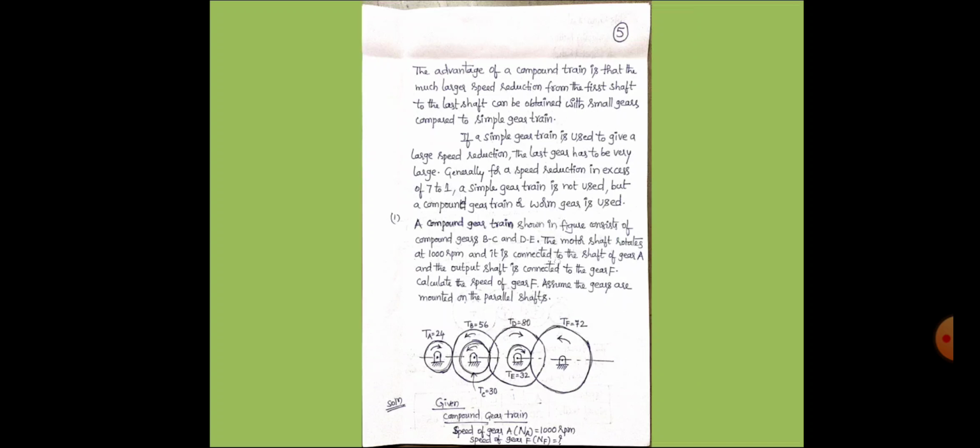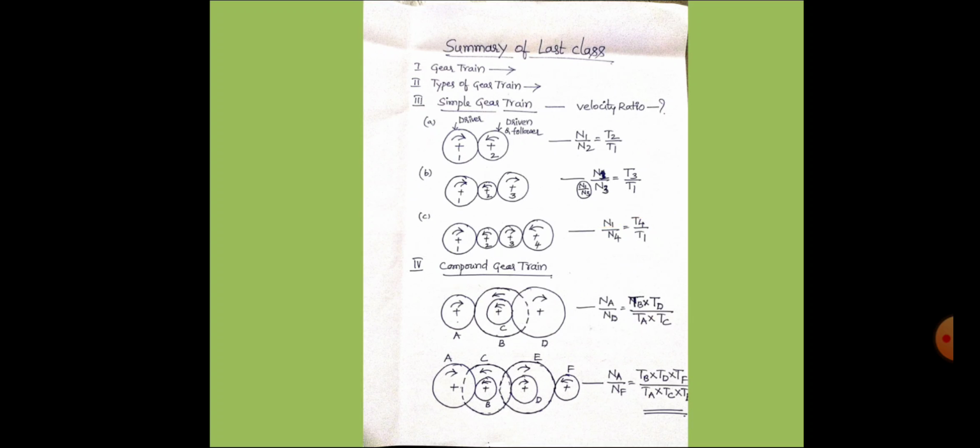I want to make you remember the ways of the velocity ratio in case of a simple gear train and a compound gear train. So now I hope you have understood, not 100%, 70 to 80% from this summary. With this summary, I hope we can proceed to simple numericals.